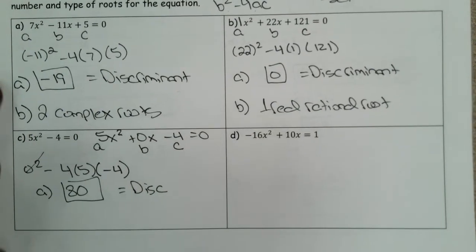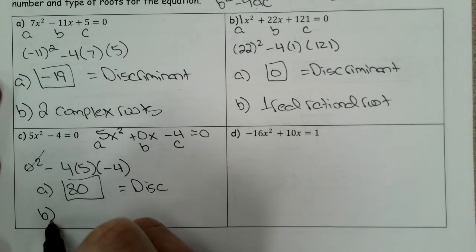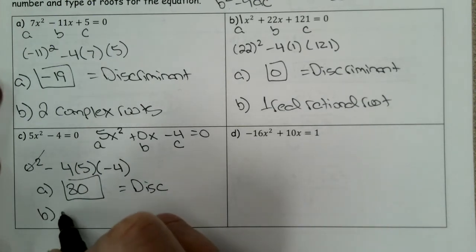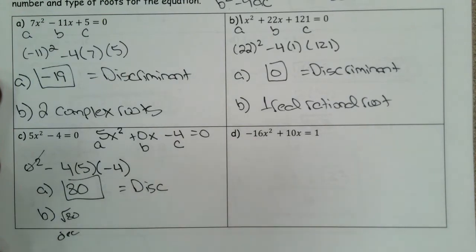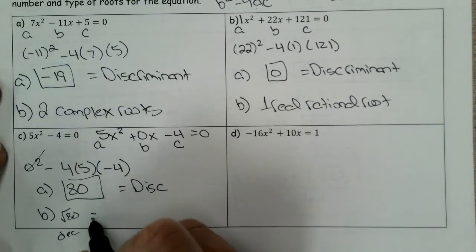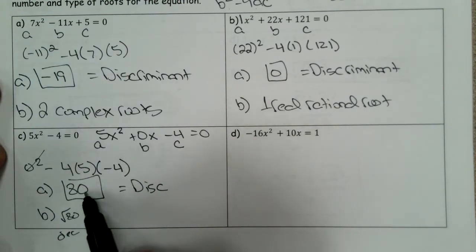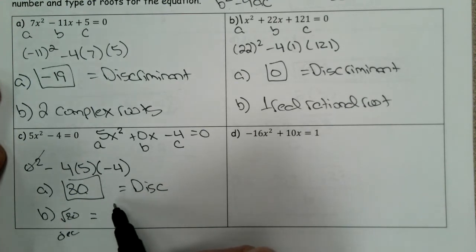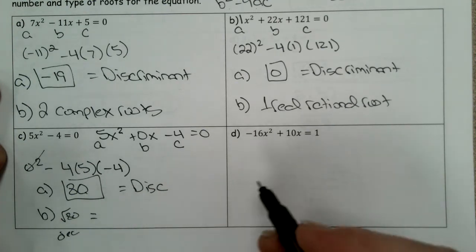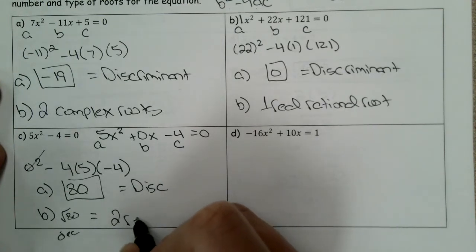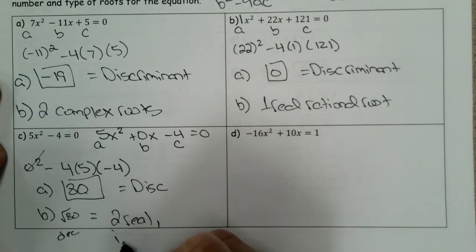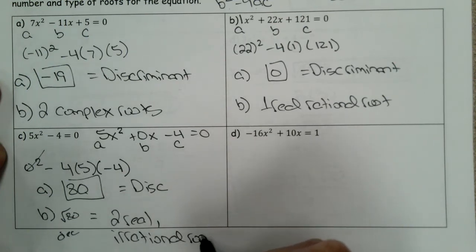So 80 is the discriminant. If you take the square root of 80, you would get a decimal. It's not a perfect square. So 80 is greater than 0, but it's not a perfect square. If you look up at your chart, that says I get 2 real but irrational roots.